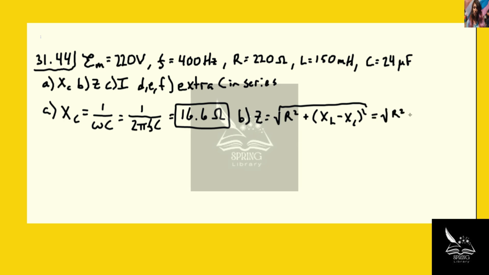This is R squared plus (2 pi f L minus XC) squared, with the square root sign across all of it. So the total impedance is 422 ohms.